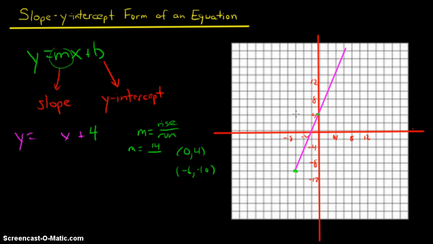And the run from -6 to 0 is 6. And we know these are both positive numbers because this is an upward slope. It's a positive slope. So our slope will be 14 over 6, but we can reduce that to 7 over 3.